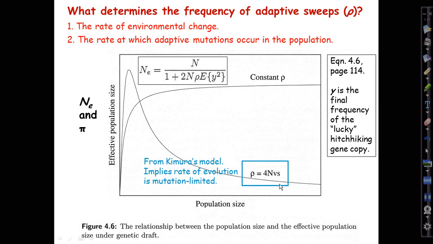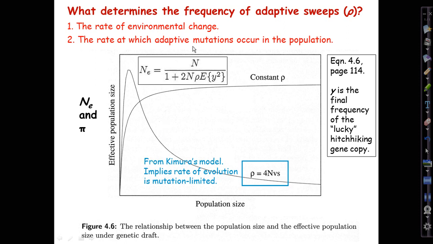Okay, so he considers then this alternative style of model in which it's not environmental change that limits the rate of adaptive sweeps, but instead it's the creation of the adaptive mutations themselves that will be positively related to the population size, because in a big population, other things being equal, more mutations means more adaptive mutations, and so on.